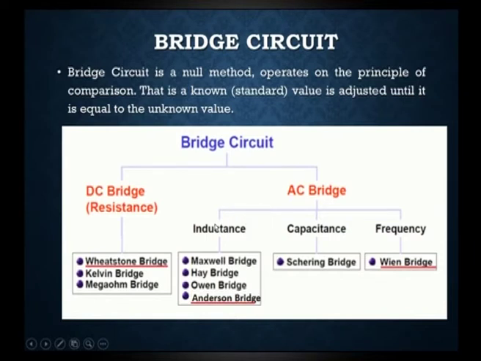For inductance there are different types of bridges: Maxwell bridge, Hay bridge, Owen bridge and Anderson bridge. In this session we are going to study the Anderson bridge to measure inductance.